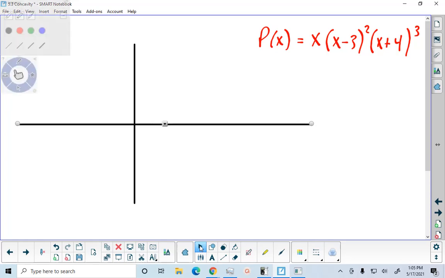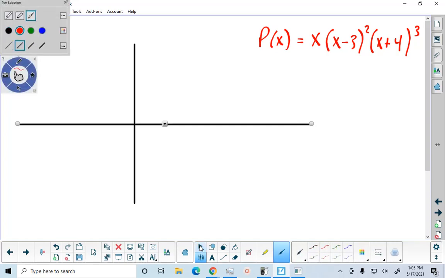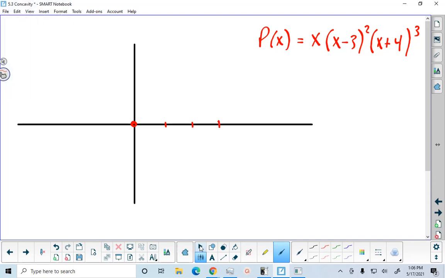There must be a 0, which means an x-intercept of 0. If we have a factor of x - 3, there must be an x-intercept at positive 3. And because we have a factor of x + 4, there must be an x-intercept of negative 4.